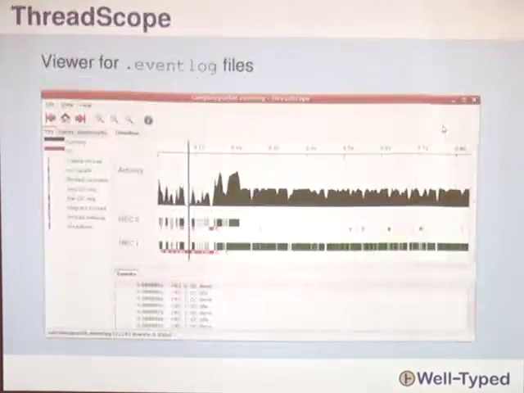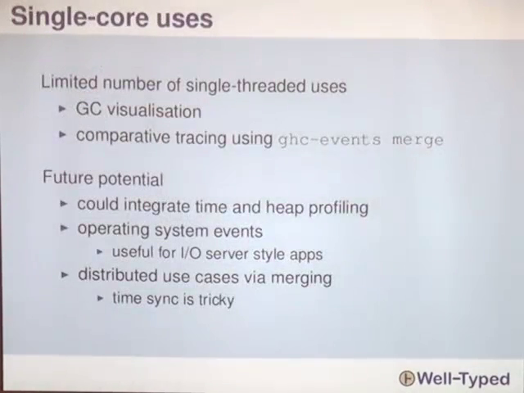So you could compare them and see what the differences were, a sort of comparative debugging technique. I've never used it myself, but I've read that this is a nice idea. We originally wanted this merge for merging events from concurrent, distributed programs, but you can also use it in this comparative way. And there is more potential in the future for other single-threaded use cases.